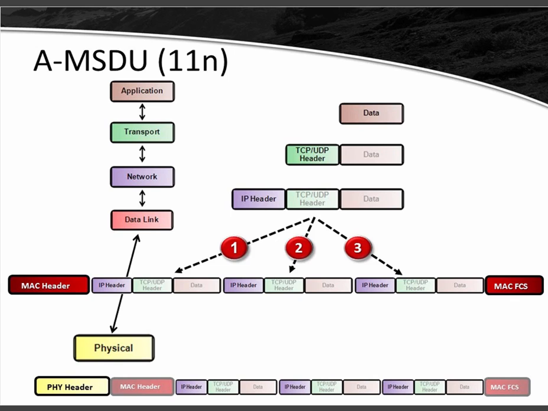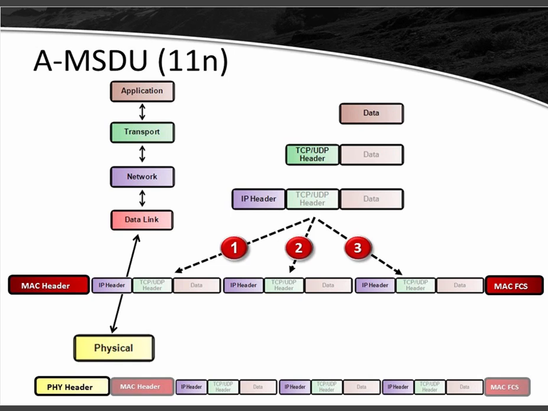The point is that it is the chunk of information, the bits, the ones and zeros, that the MAC layer needs to process. It's received from the upper layers, or it could be transmitted back to the upper layers when a frame is received. When a frame is being transmitted, the data comes down through the upper layers. The MAC layer receives the IP header, TCP/UDP header, and the data.